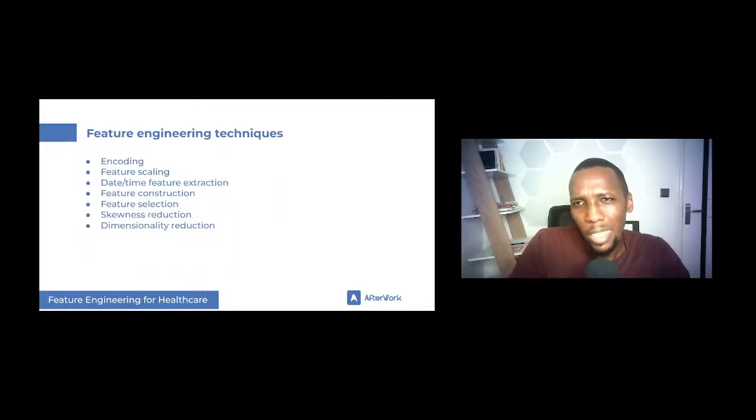These are the feature engineering techniques that we're going to be performing. These are just categories, but under each you get to perform various techniques. Encoding just means converting categorical variables into numerical representations. So maybe a column like smoking status would by default have categorical data, data that's in textual format but in classes or categories.